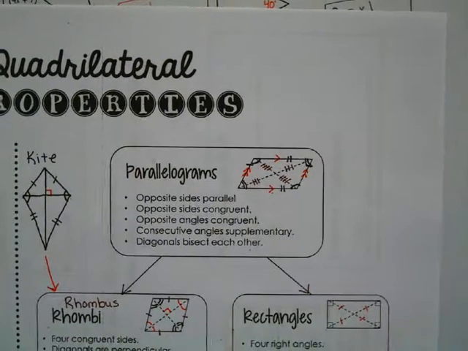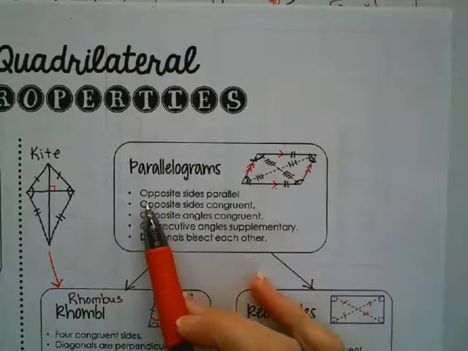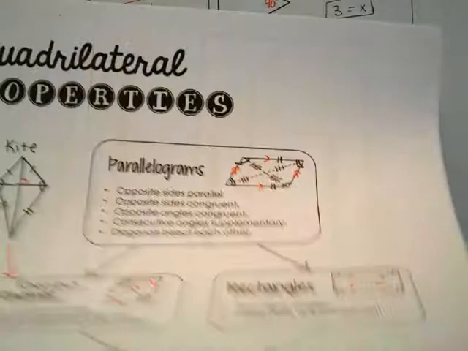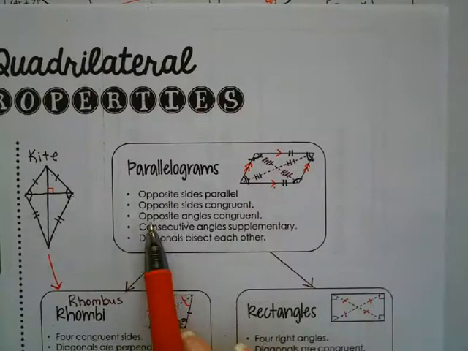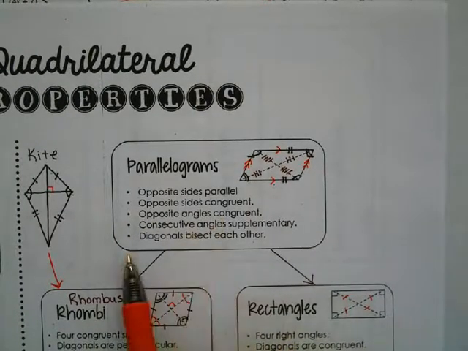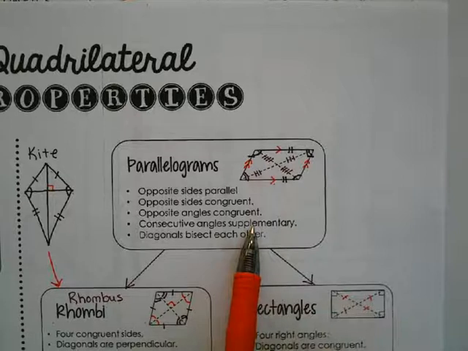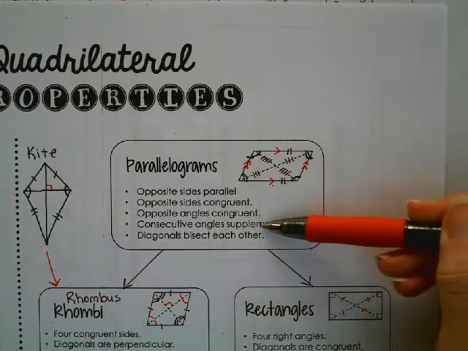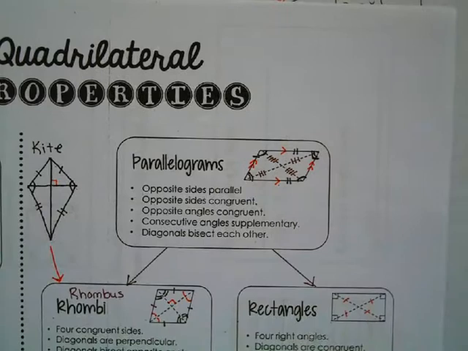We know opposite sides are parallel, opposite sides are congruent, but in this picture it looks like we're looking at angles. So it says opposite angles are congruent and consecutive angles are supplementary. So these two right here would be important to use in this case since we have angles in this problem.